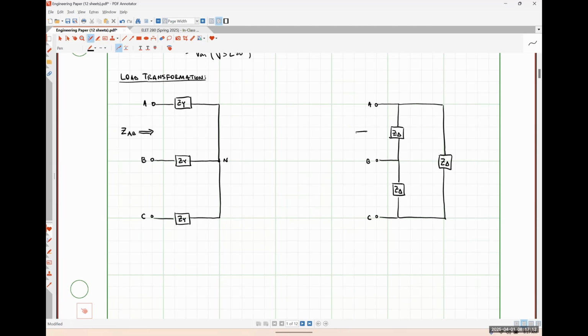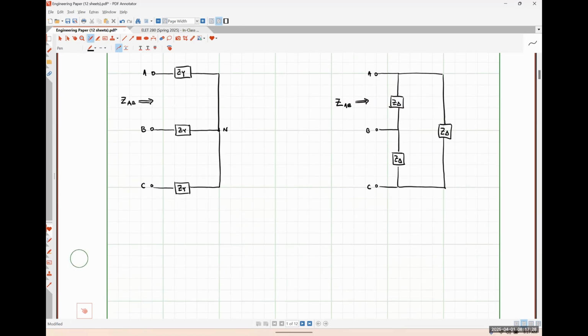And if I look through this set of terminals, I will also see some impedance ZAB. Okay. So on the left-hand side, what would I see? Well, I think I see ZY in series with a second ZY, right? And I'm going to have that C phase impedance just kind of dangling there, not connected, okay?